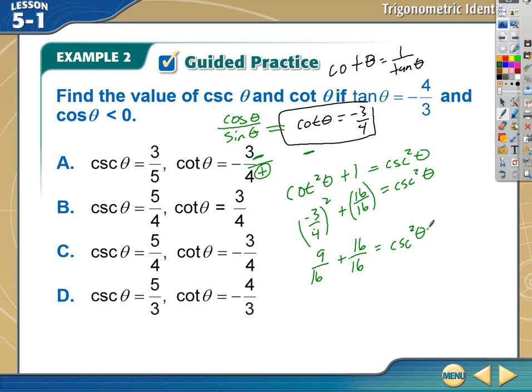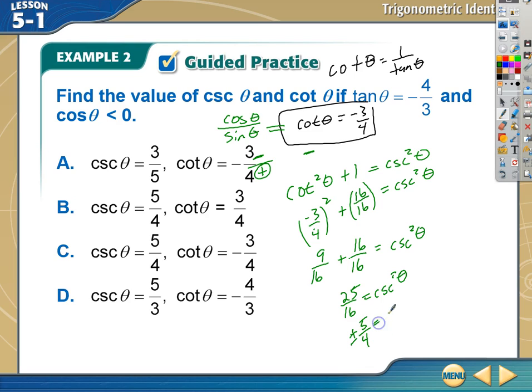When we're adding up fractions, 9 plus 16 is 25. 25/16 is equal to cosecant squared theta. Again, I'm not looking for cosecant squared, I'm looking for cosecant. Oh, that's handy. And so then I take the square root. Well, the square root is, again, plus or minus the square root of 25 over 16. Square root of 25 is 5. Square root of 16 is 4.